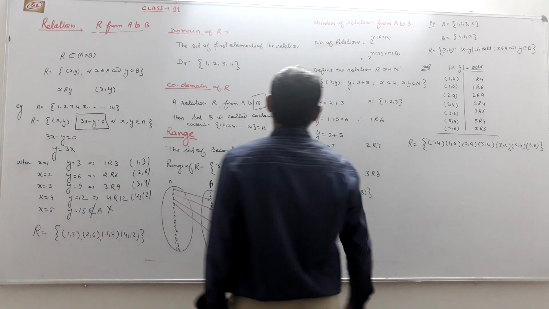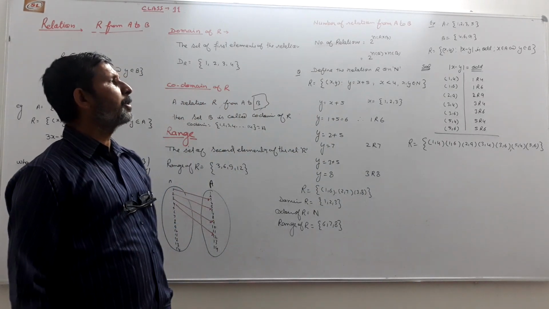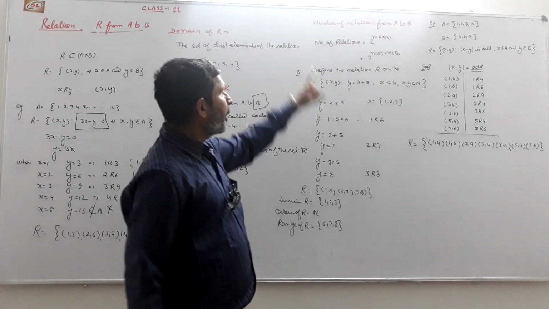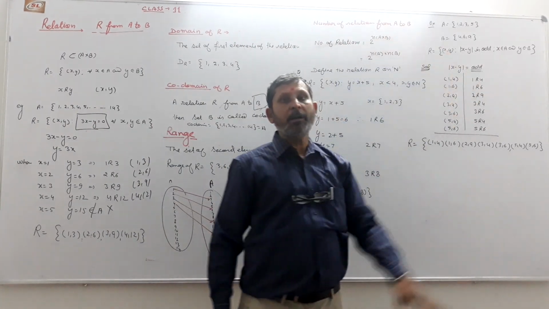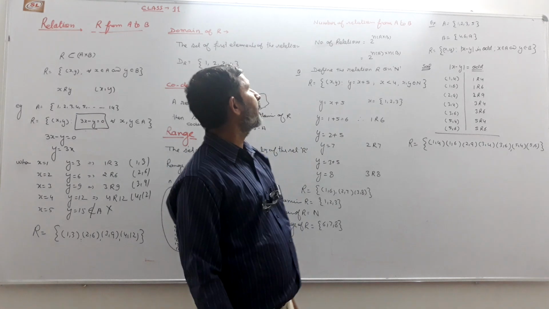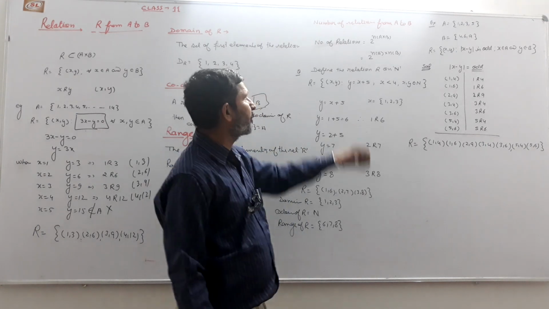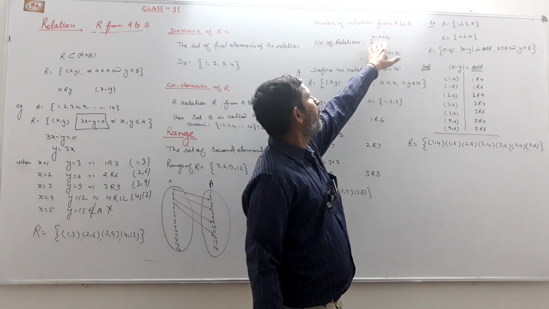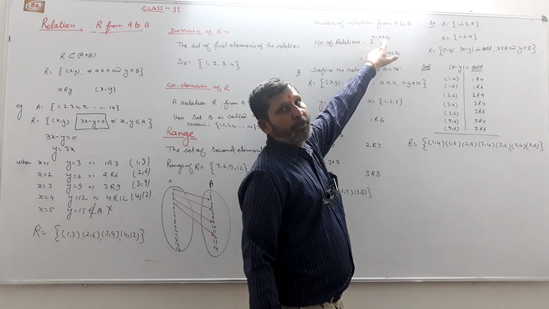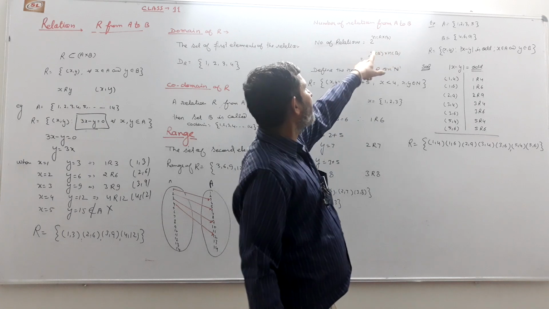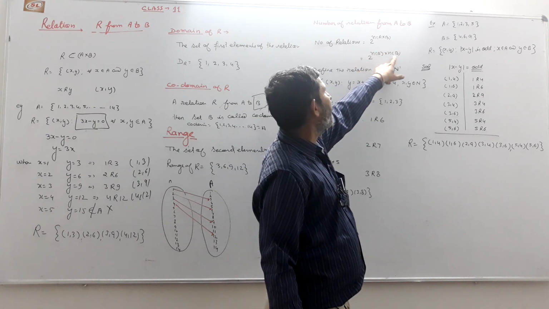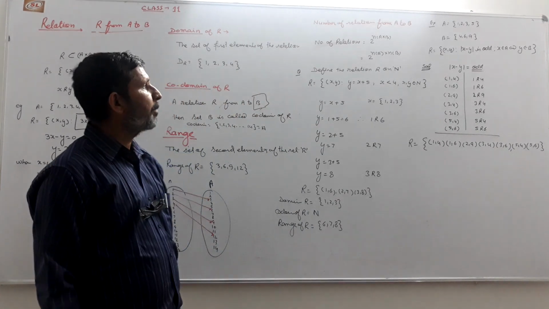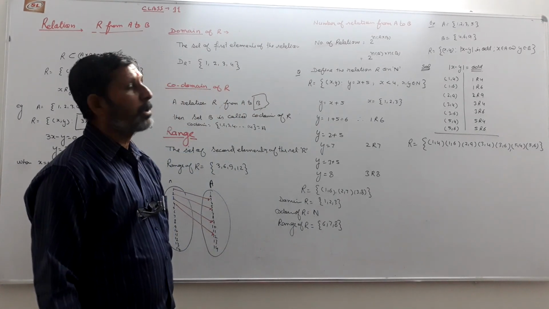Next part, how can we find out the number of relations from A to B? If A and B are two non-empty sets, how can we find the number of relations?